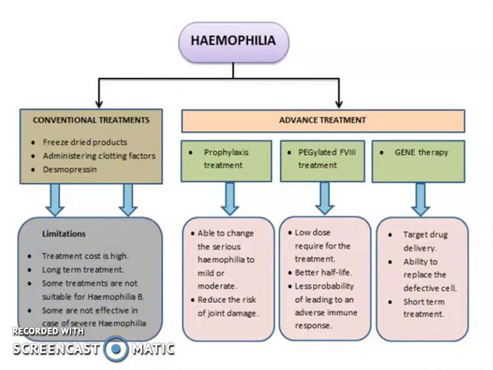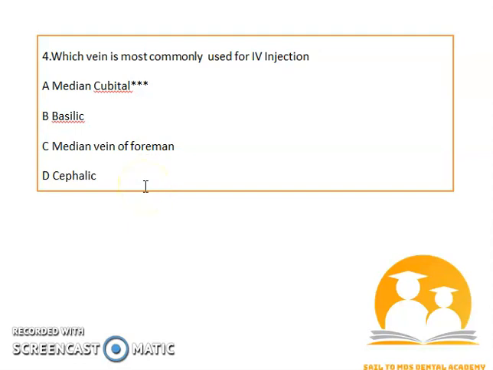Then aspirants, we will see another question: which vein is most commonly used for IV injection? It is the median cubital vein. Just one point I want to mention, aspirants: whenever you are studying past papers, try to remember the question and the answer. So whenever you see such a question in your exam hall, don't get confused.